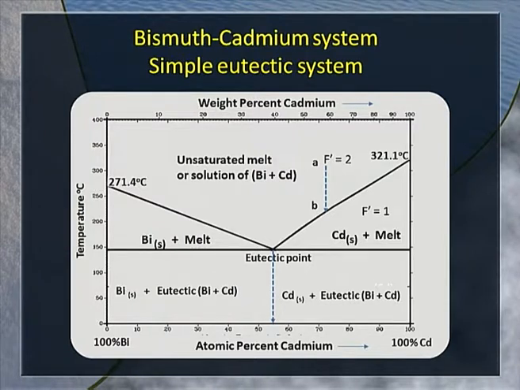In this case, we can recognize that the solid that is likely to separate because of the overall composition is cadmium. We lose 1 degree of freedom, and cooling can take place further with more cadmium getting separated from the melt, and this can happen till we reach the point C on the horizontal line that we have drawn, where the other curve intersects, indicating that the system becomes a 3-phase system.